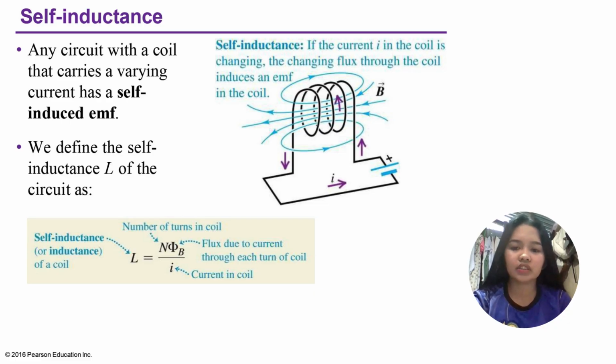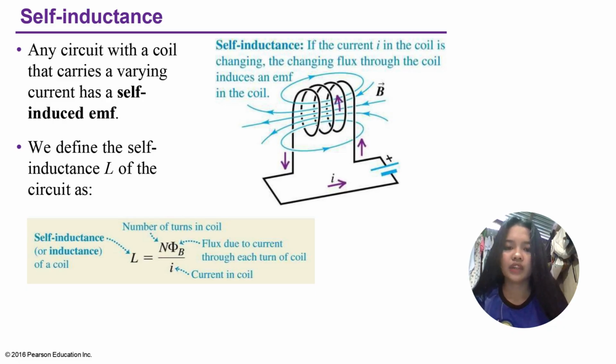And now let's shift our focus to self-inductance. Unlike mutual inductance, which involves two coils, self-inductance is a property of a single coil. When the current flowing through a coil changes, it creates a changing magnetic flux through itself. This changing flux in turn induces an EMF in the same coil.